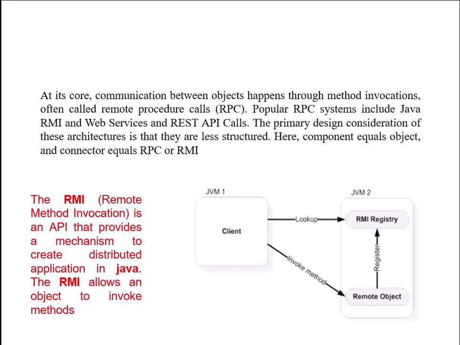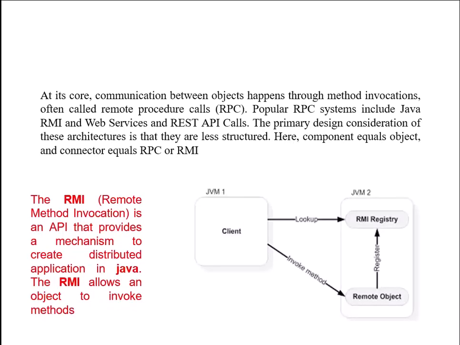Method invocation is also called remote procedure calls or RPC. Popular RPC systems include Java RMI, web services, and REST API calls. What is RMI? RMI is remote method invocation. Invocation is basically to call another object. So remote method invocation is an API that is provided by Java.